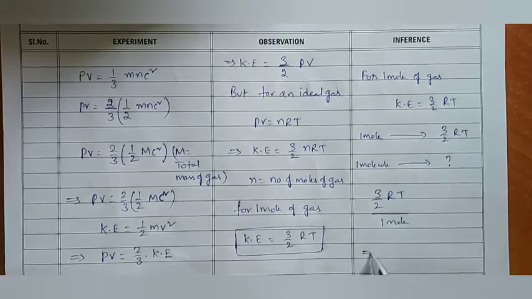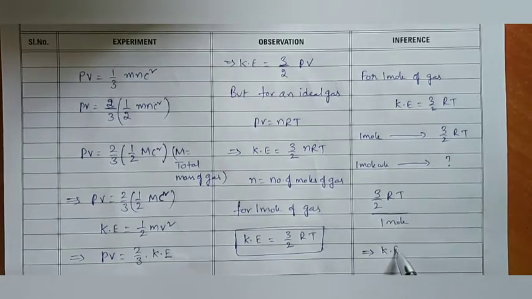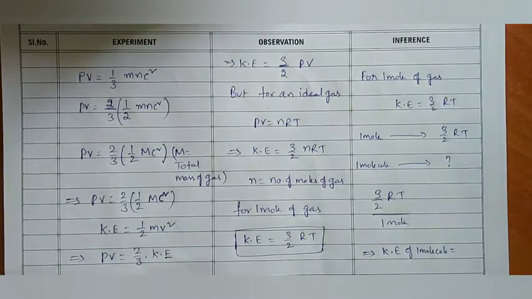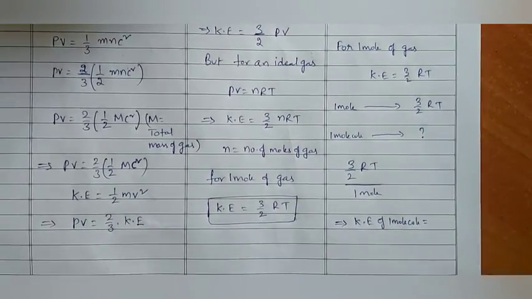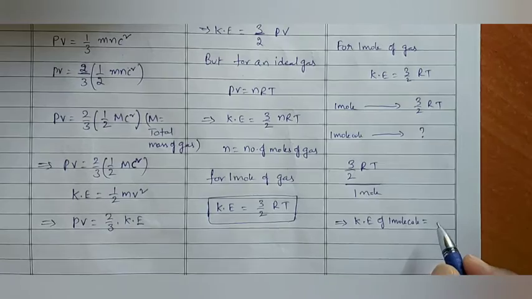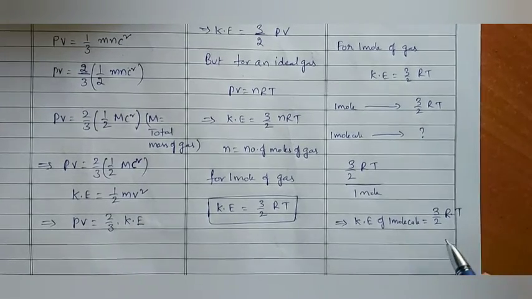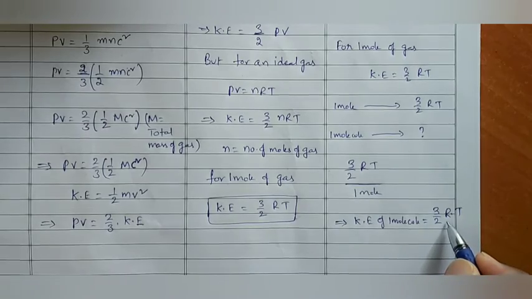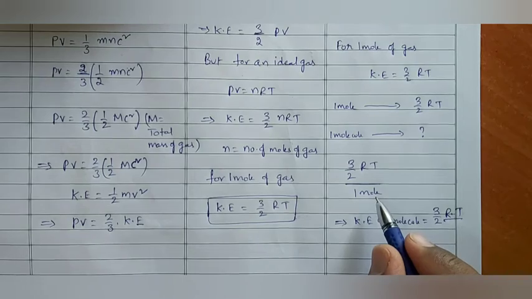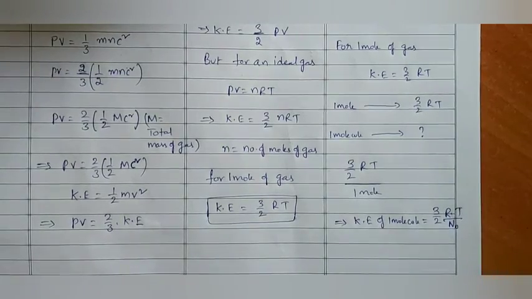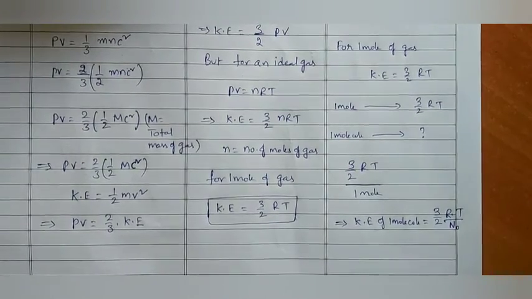This implies kinetic energy of 1 molecule is equal to 3/2 RT divided by 1 mole, 6.023 into 10 power 23, which can be represented as N naught or Na.